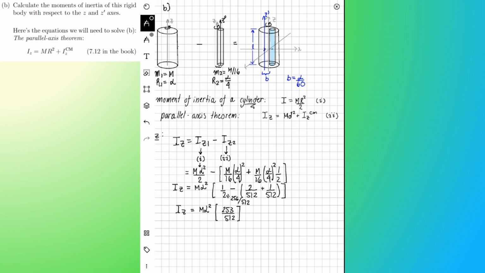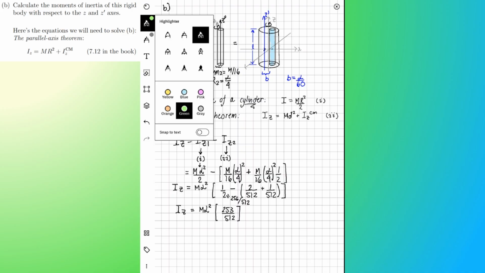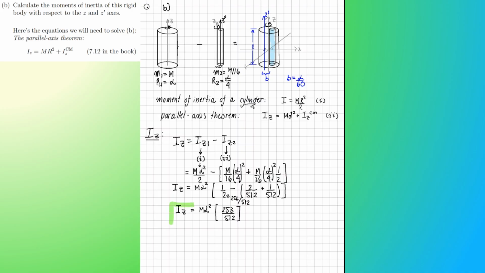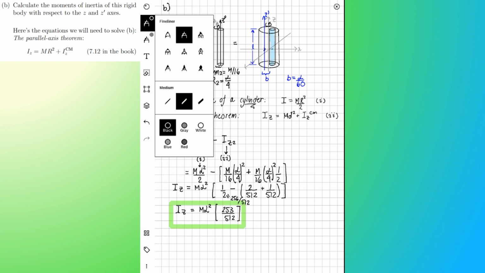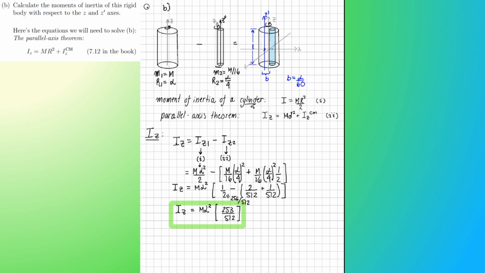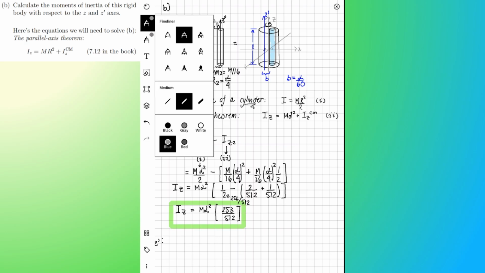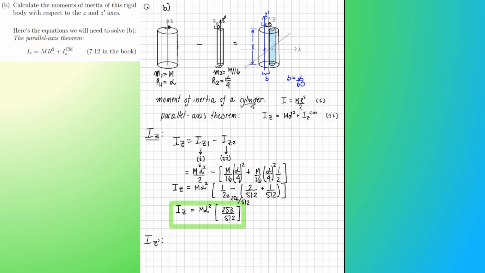So we already found the moment of inertia of the full system around the z-axis. Now let's move on to the moment of inertia around the z-prime axis, which is right here.